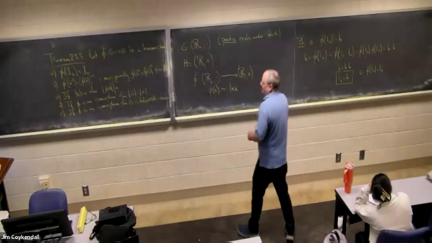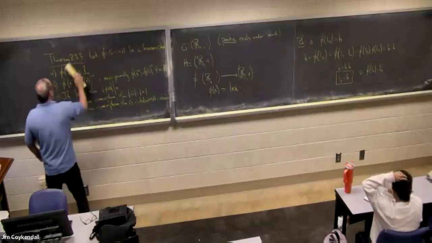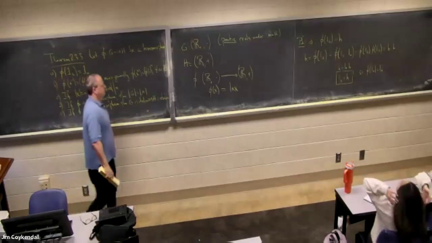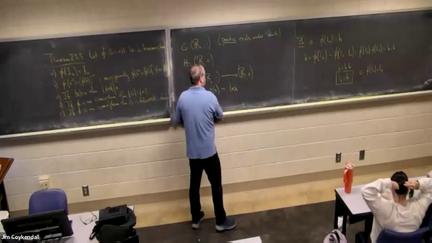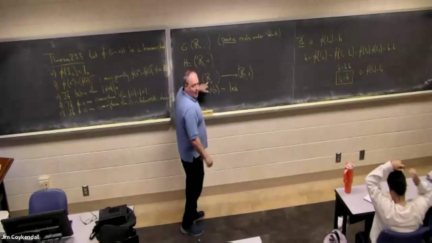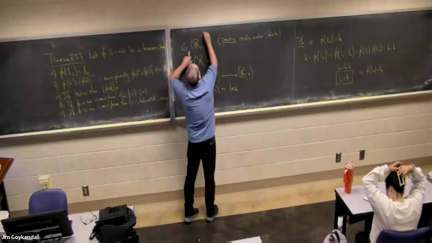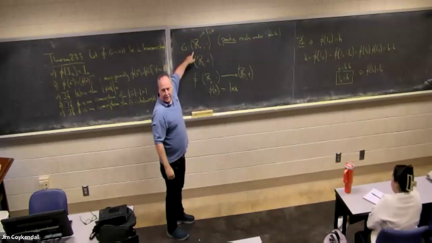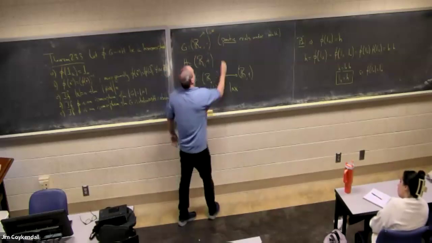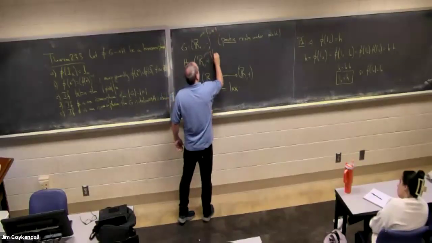Let me give you some spin-offs. What is the identity of this group? Well, a normal one, if you will. What's the identity of this group? 0.